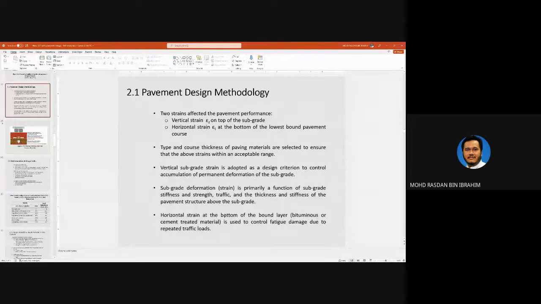Horizontal strain at the bottom bound layer is used to control fatigue damage due to repeated traffic loads. Fatigue means the failures that occur from repeated traffic loads. It will occur for roads that are very old, that are reaching the design life, because they have been subjected to repeated numbers of vehicles passing through the pavement all day and night.